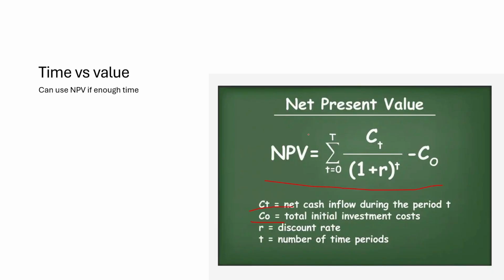It's a very simple formula once you understand it, and it tells you the value of making an investment and can be used to decide if investments in the game are worth it or not. If you don't have enough time, you simply won't be able to spend time on this usually. So it's simply a trade-off you'll have to make about whether to spend time on making a lot of calculations or not.